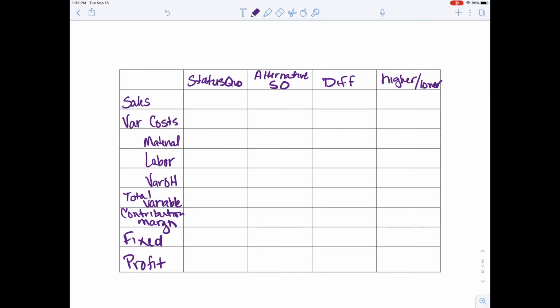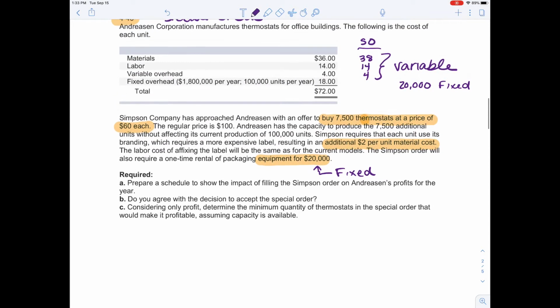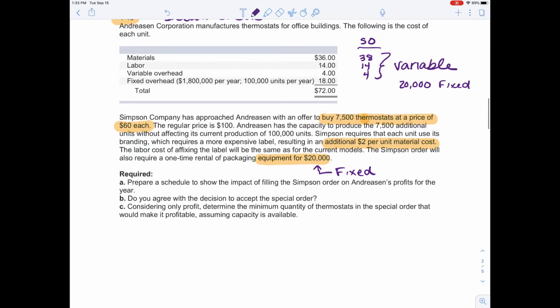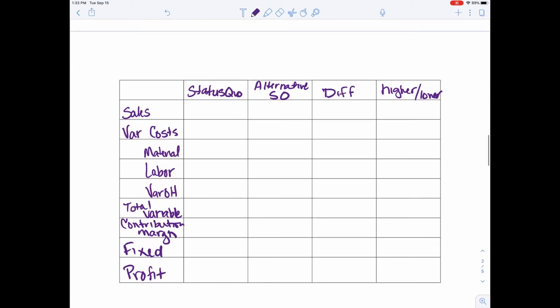So why status quo? Sales, if you remember, the normal selling price is $100, and we sell 100,000 units. Because these are large numbers, I'm going to do this all in thousands. I think your homework also has a couple of problems where they put it all in thousands. It just makes it a little easier, takes out a couple of those zeros. So 100 times 100,000, taking out that additional 1,000, is going to give me 10,000.